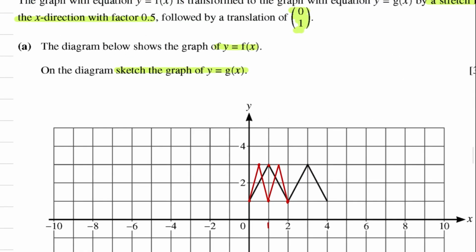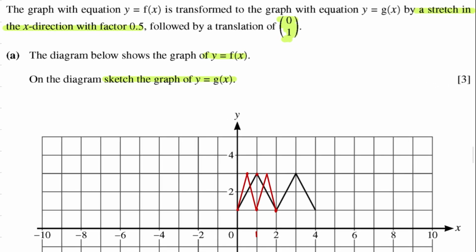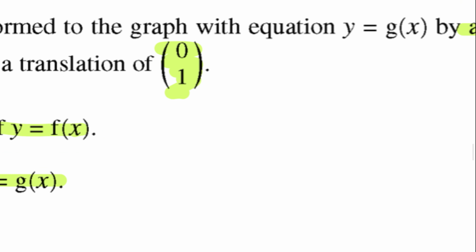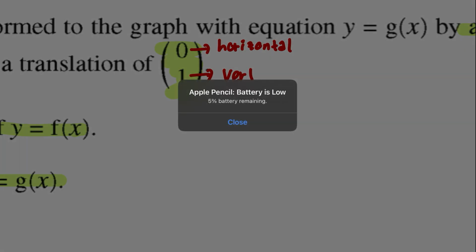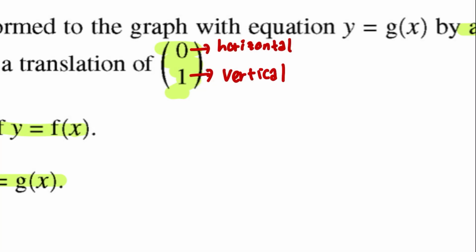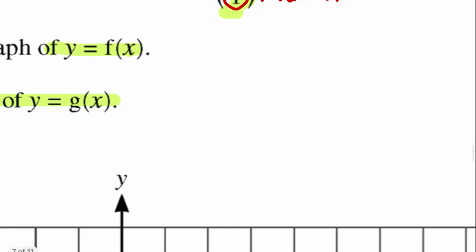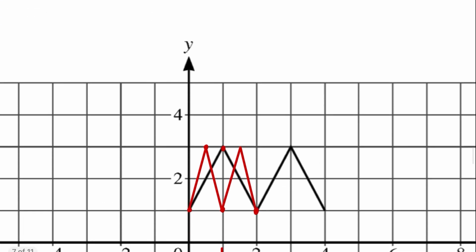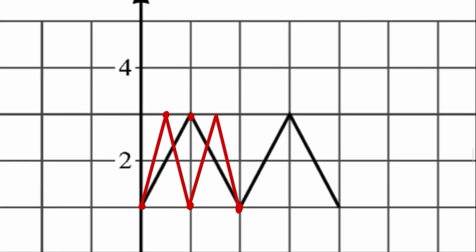And after that, we follow by translation of (0, 1). If you look at the number here, the horizontal translation is 0. We don't do the horizontal. This is the vertical. That means we move the graph up by 1 unit, vertical. It's positive, so we move it up by 1 unit. So my new function will be this.